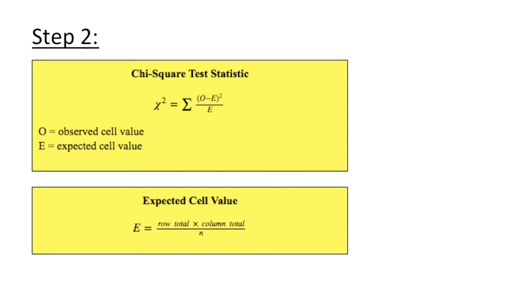The first formula, the chi-square test statistic, you're most likely going to be computing using Minitab Express. You should, however, be able to compute expected cell values by hand. The expected cell value for any one cell is equal to the row total times the column total divided by the total sample size. There are some examples in your online notes of computing this.